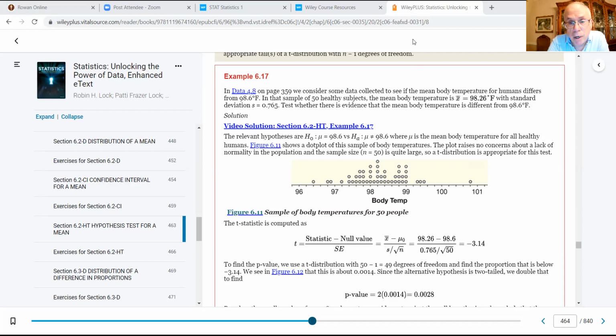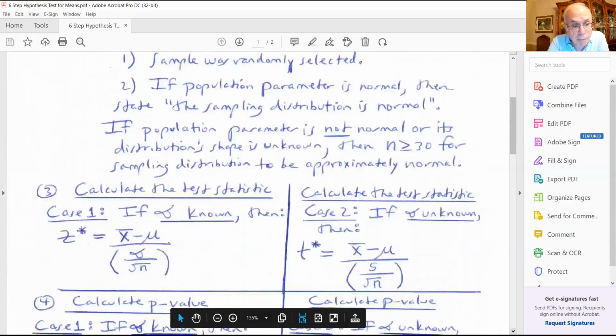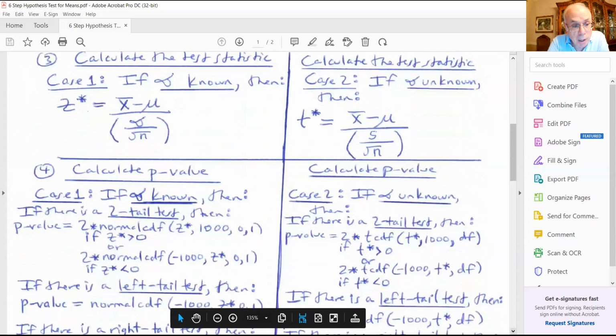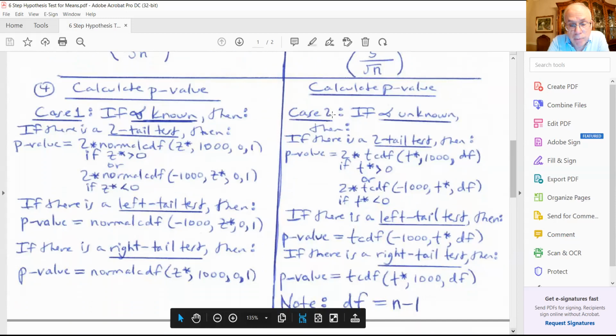Let's go back to that PDF. Back to the 6-step process here. Show it to you again. Let's go back to step number 4. All right. So step 4 here, we're going to be on case number 2. It's a two-tailed test, and t star is negative.